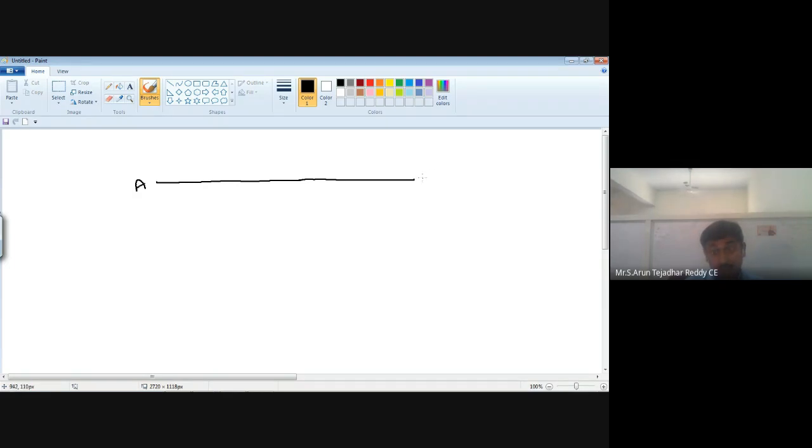A, B, and somewhere here we have a C. Okay. Now, loads are acting here 70, 60, and somewhere here it is 50. Okay. This is the given diagram.